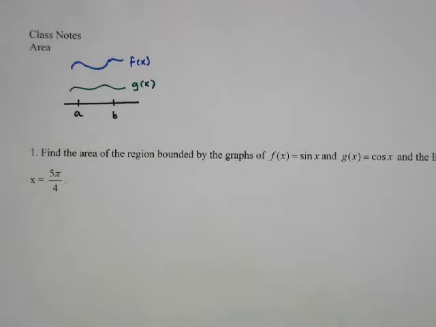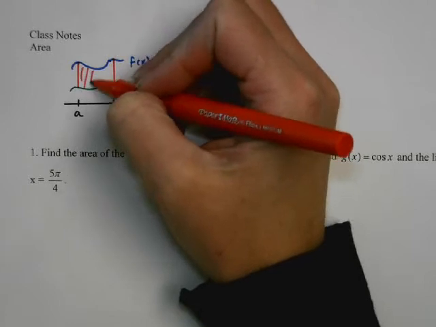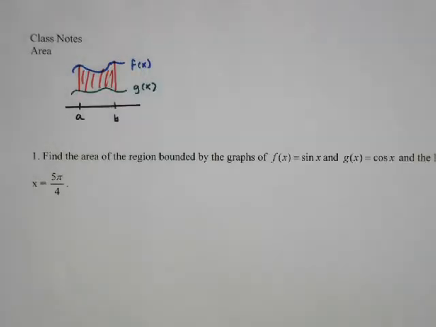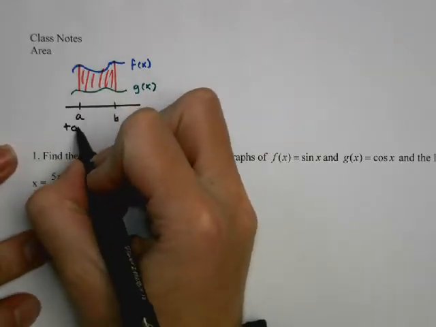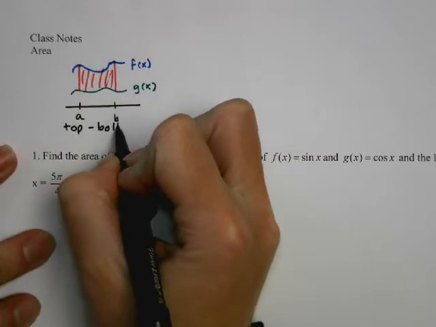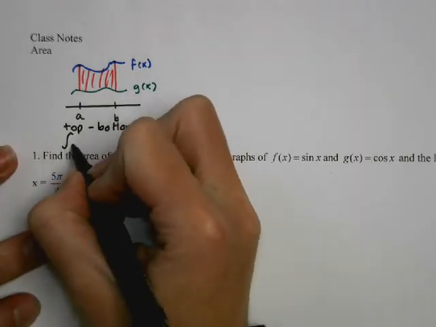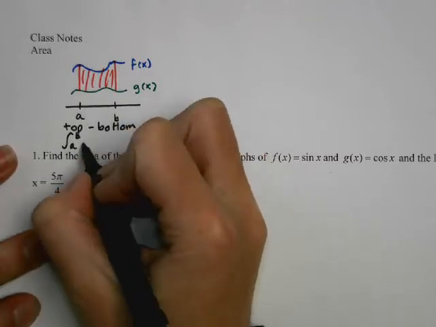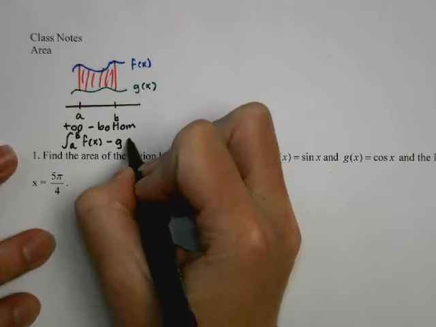If I wanted the area bounded by those two curves, what we're going to do is find the integral of the top minus the bottom. So in this case, it would be the integral from a to b of f of x minus g of x.